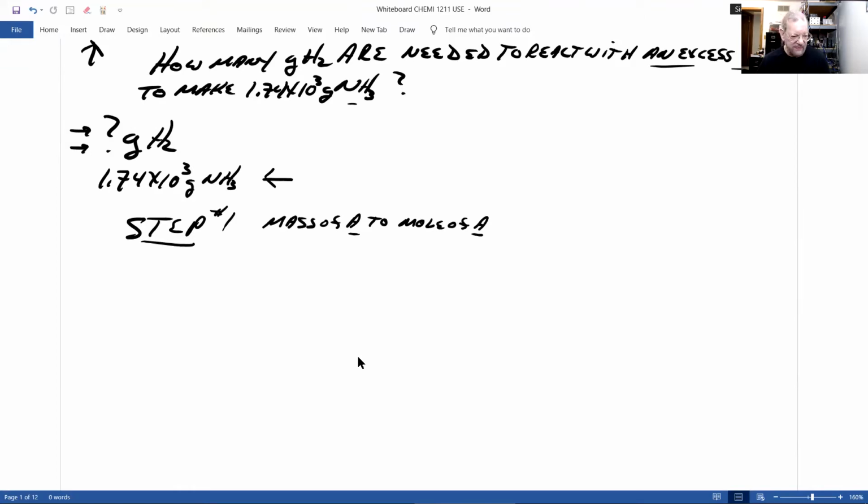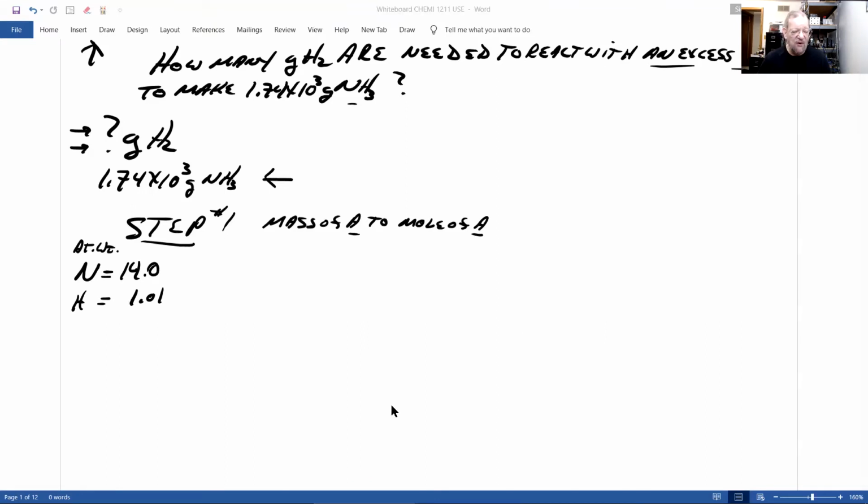Now, I'm going to help you out. The atomic weight, and you can look on the periodic table. You should practice this for nitrogen. The 3 significant figures is 14.0. For hydrogen, it is 1.01. Now, one last thing I'll help you out with.